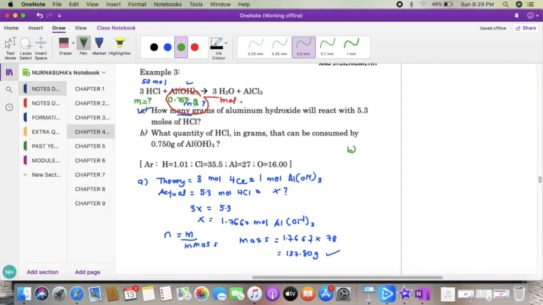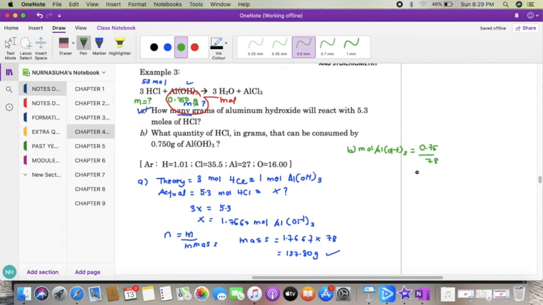Okay, so now let's do this one. So mole of aluminium hydroxide sama dengan macam biasalah mass over molar mass. So mass dia bagi 0.75. Molar mass of aluminium hydroxide should be 78.